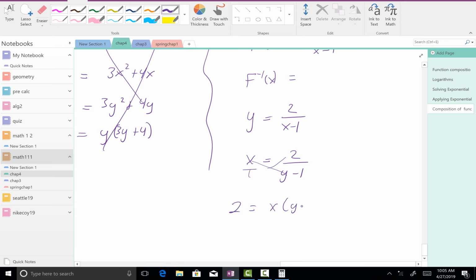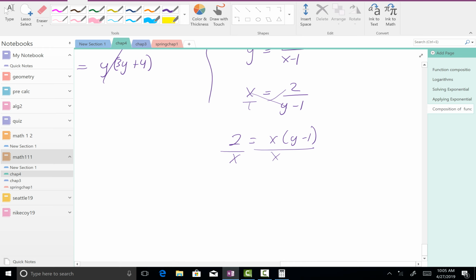So we're solving for y. If we're going to solve for y, we want to get rid of this x here. And then just add a 1. And it magically shows up.